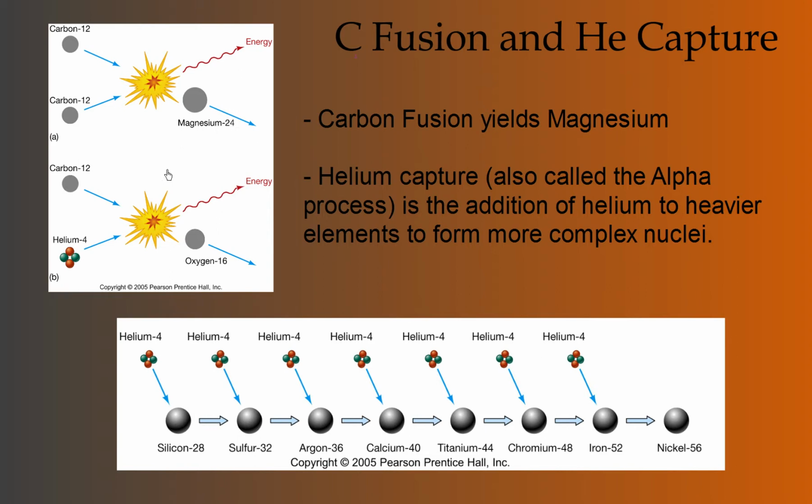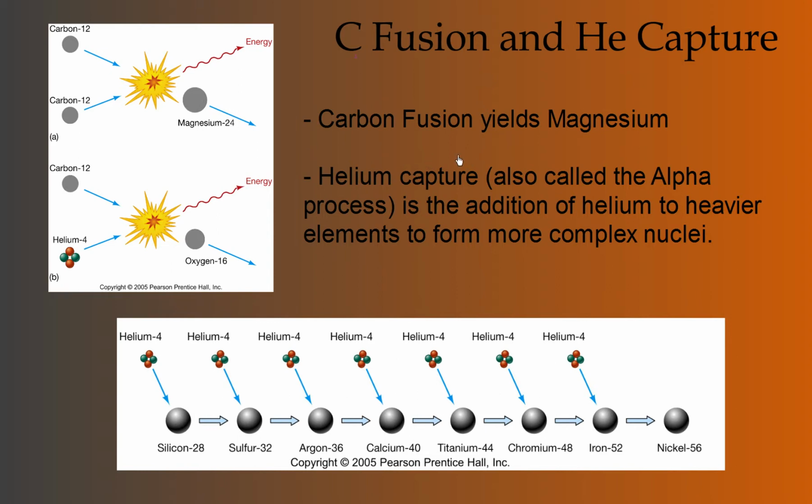First off, let's review and also mention a new process about how these elements came into existence. Besides the normal fusion process that we saw in the center of stars, you have another process called carbon fusion, where you take two carbon atoms, fuse them together, and you get magnesium.